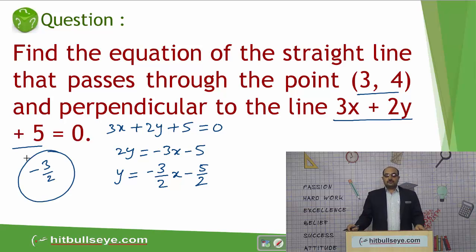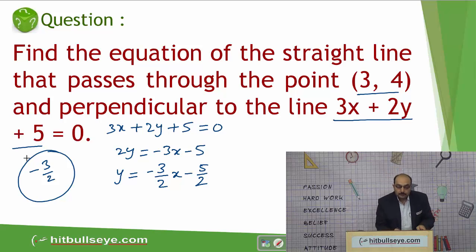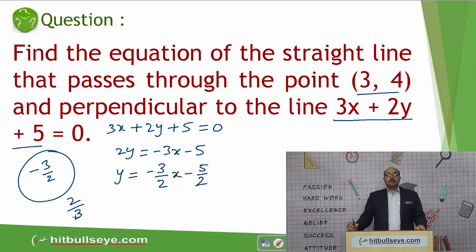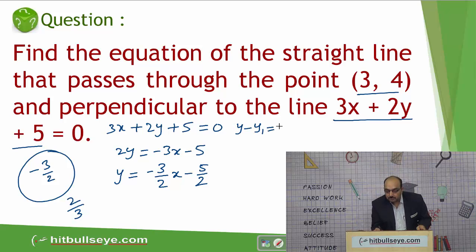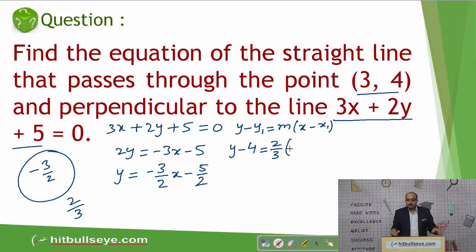Now, the straight line we want is perpendicular to this line, which means the product of the slopes of these two lines is -1. Hence, the slope of the other line which we want is 2 by 3. That line passes through the point (3, 4). So using the formula y minus y1 equals m into x minus x1, it's y minus 4 equals 2 by 3 into x minus 3.